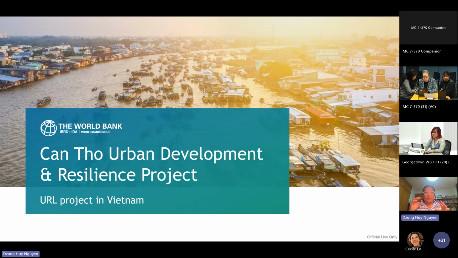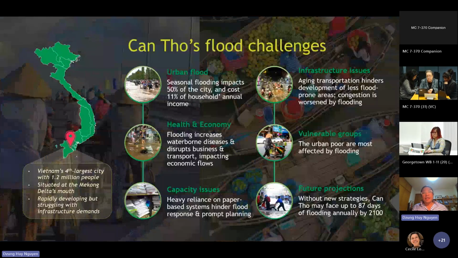We look totally comprehensively at addressing the key and priority issues in Cần Thơ, in the capital city of the Mekong Delta. For those who might not be familiar with Cần Thơ, you see the map of Vietnam.